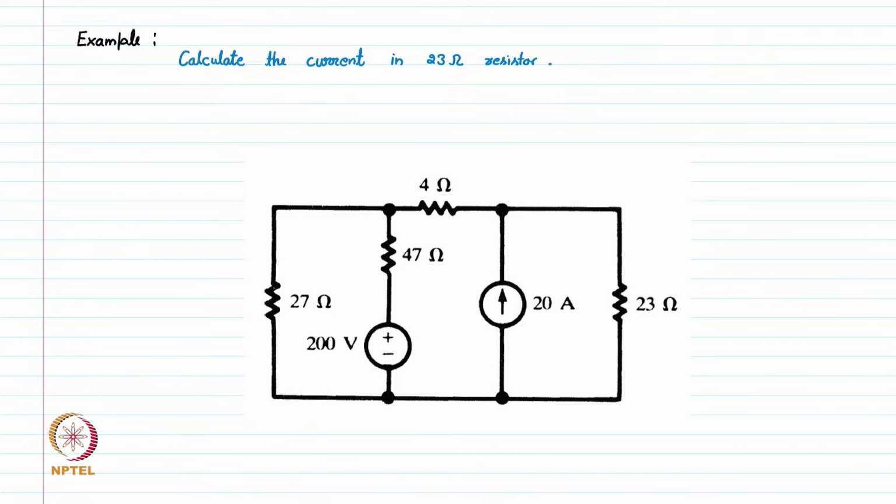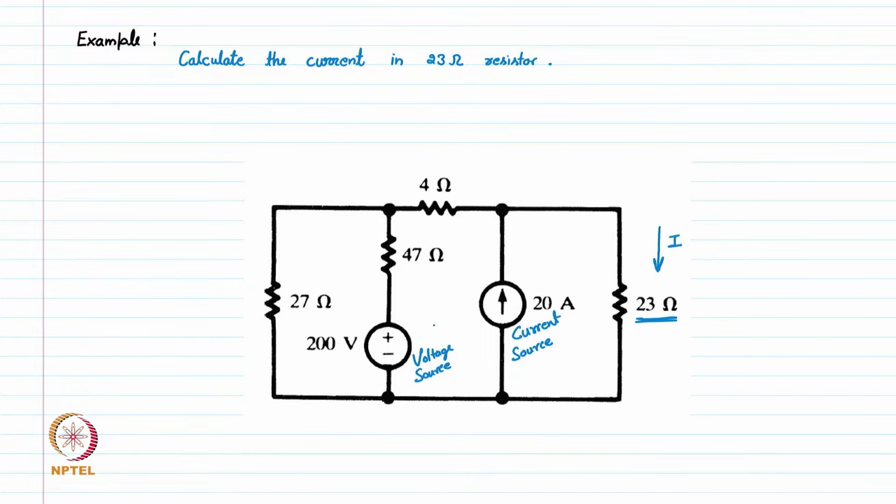So we have this circuit given here. If we notice, we have one voltage source here and we have this current source. We want to calculate how much is the current flowing, let's say I, in this 23 ohm resistor.